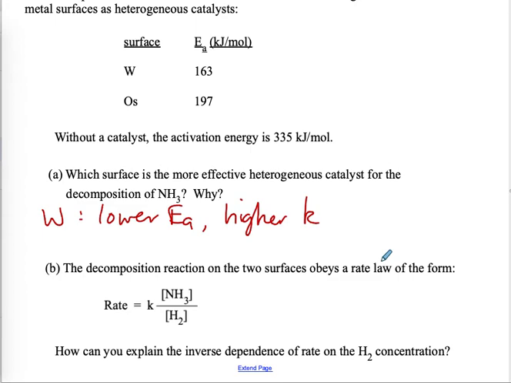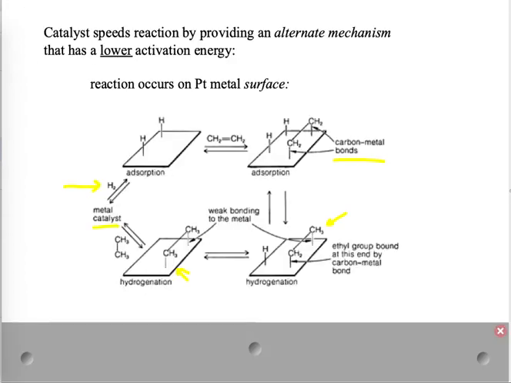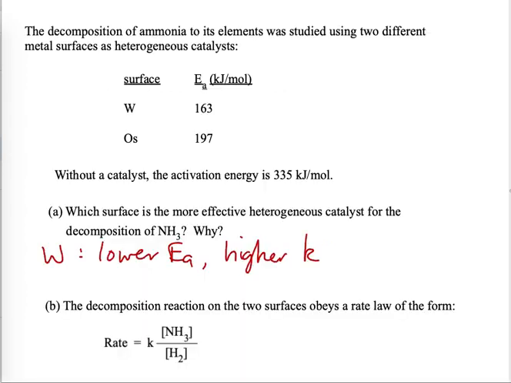Well, if you go back and look at our mechanism for the surface catalysis of the hydrogenation of ethene, you will see that when hydrogen is exposed to the surface of the metal, it occupies catalytic sites. It takes up space on the surface of the catalyst, and therefore there are fewer active sites for the reaction to take place.